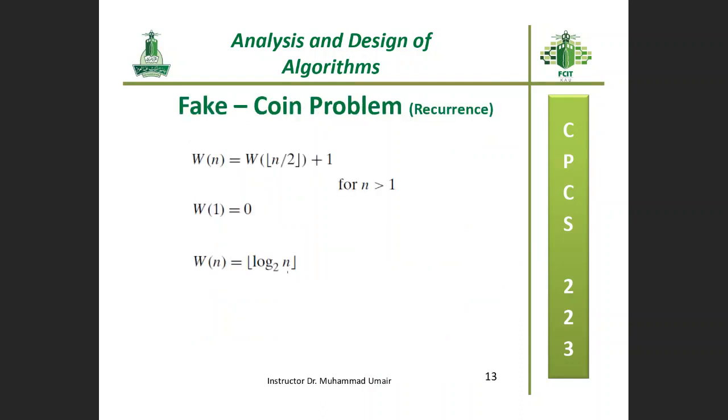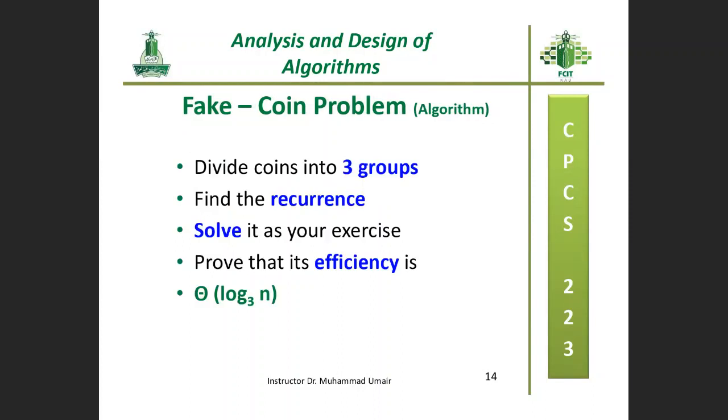Okay, now your exercise for the fake coin problem is that in the given algorithm, you have to divide the coins. For example, if you have 10 or 20 coins, then it will be very easy. But if I say that we have a special kind of weighing scale which has 3 portions, it means you have to divide the coins into 3 groups.